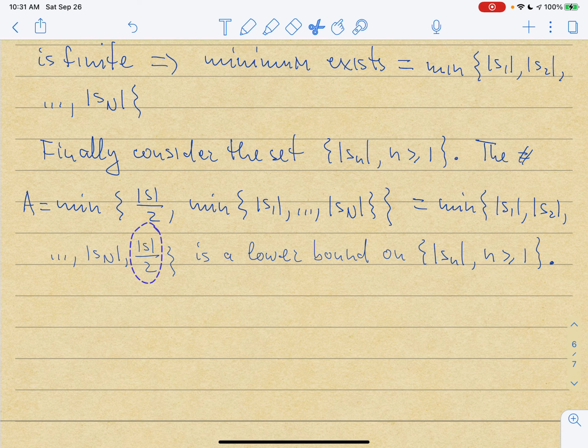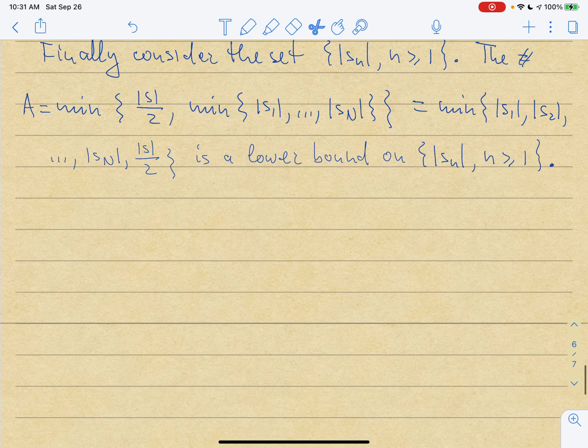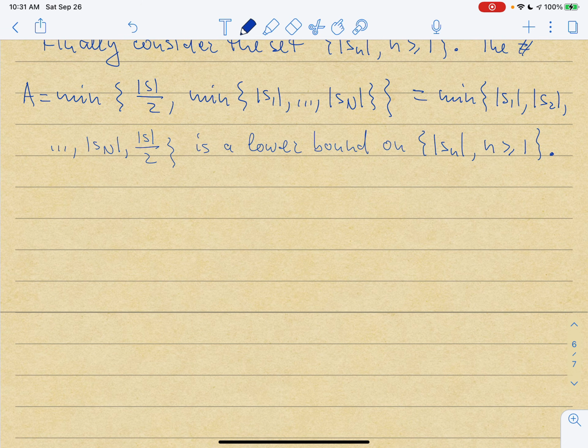So that means that A is strictly positive.